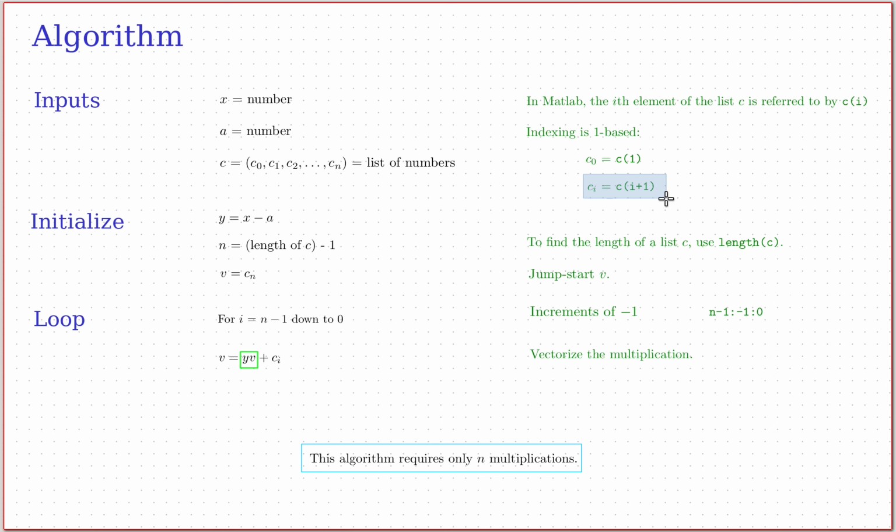It would be the i plus 1 element of the list. Okay, so that's always a source of confusion when working with computer languages. Other languages are 0-based, meaning the first element has index 0, like C and, I think, JavaScript also, right? Whereas MATLAB and Mathematica are both 1-based.